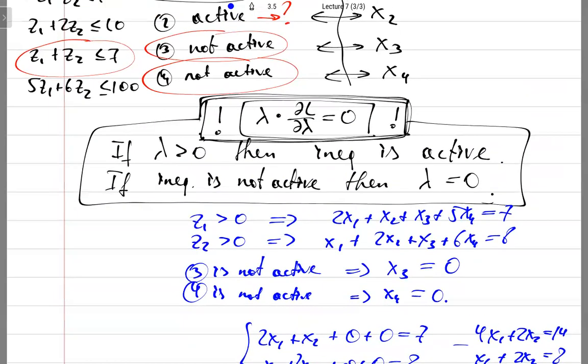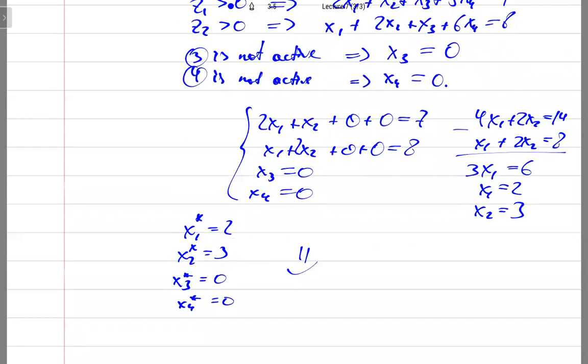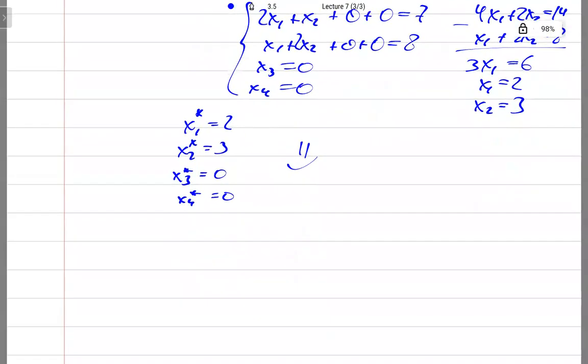We have used this rule implicitly. So we need Lagrange theory to solve the problem, but the solution was graphical. We have solved the dual problem, and we have gone back to the original one. Any questions? No questions. Thank you.